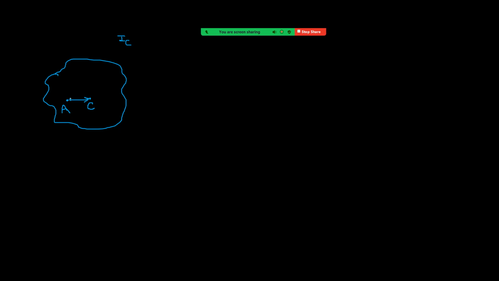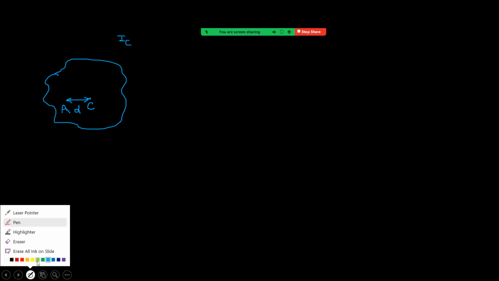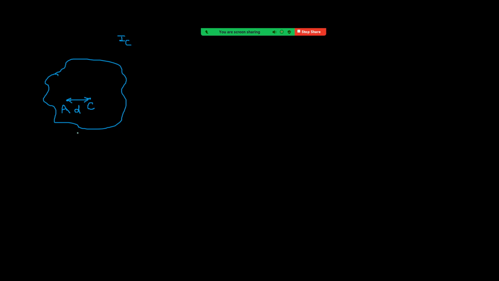It is now D. Separation is D. And to make calculation simple, let us take center of mass is at origin, and coordinates for this A, D comma 0 comma 0, means we have taken this on x-axis, right?